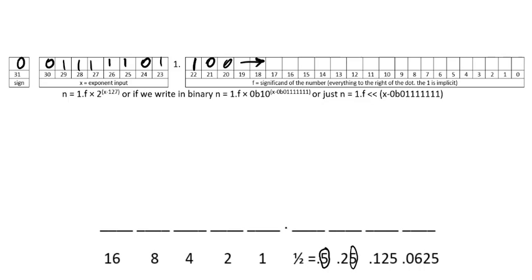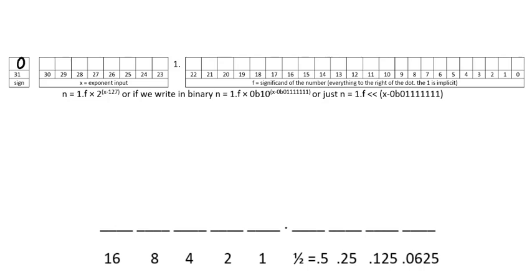The other thing that you might be asking yourself is, how do we encode a 0? Because we have this implicit 1, and for the case of 0, this needs to be 0. The way we encode a 0 is we just get super, super close to a 0.